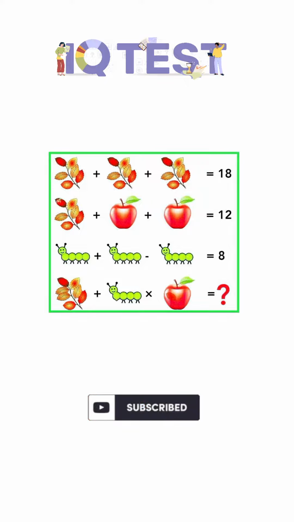So, what of the caterpillar? The 6 is for the flower. Okay, the 3 is for the apple.